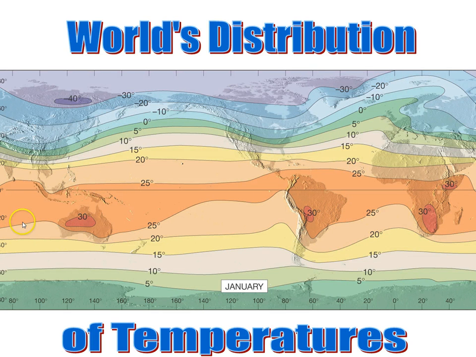Looking at January, once again there was that minus 40 up in Russia, in the Asian continent, and then you can tell that there's a bigger swing in temperatures. So very much tighter distributions going on.